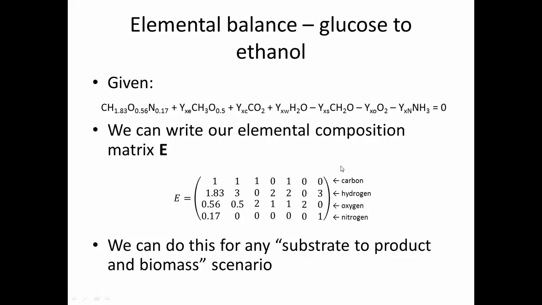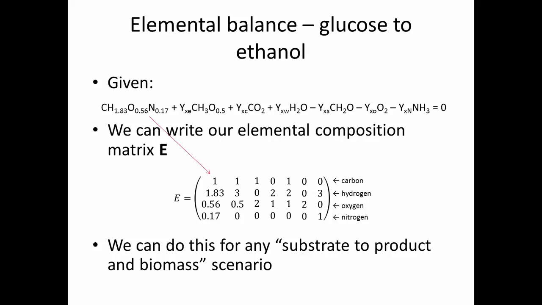Okay, so given we have our mass balance here, we can put together our elemental composition matrix E, which again shows each column a different component in this mass balance here, and each row is a different element. So we can easily pick out what's what.